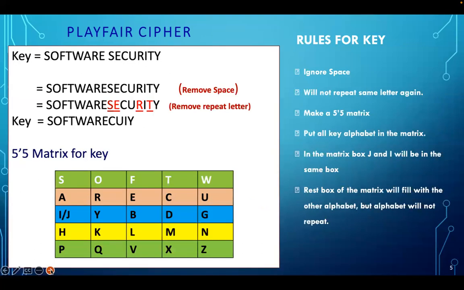Then we have rules for the key. If our key is software security, first we remove all spaces. Then we have to remove repeated letters. Here we have S, E, R, T two times, so we keep only one of each letter.